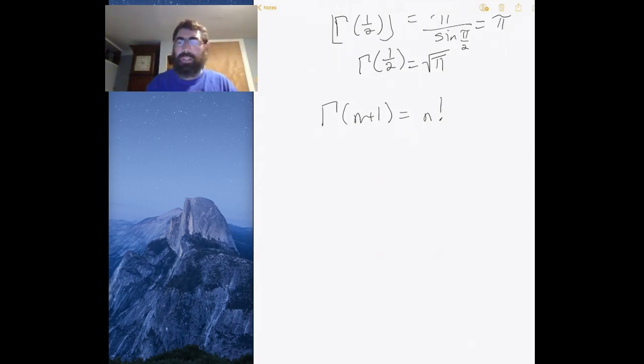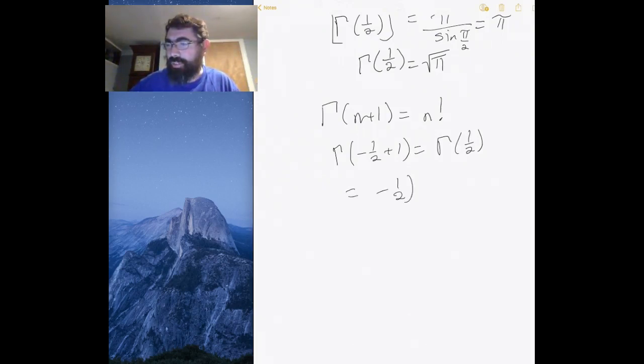Yep, that's true. So now, if I put in gamma of, say, minus 1/2 plus 1, then I would get gamma of 1/2. And that's saying that the factorial of negative 1/2 is essentially the square root of pi. Now, most people don't write the factorial of a negative number.